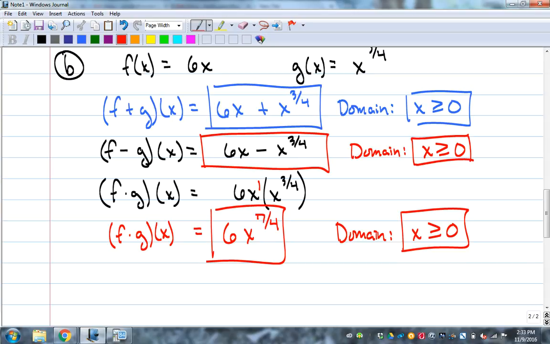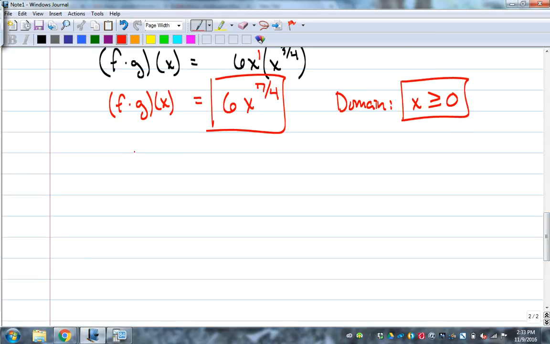Okay. Let's look at the division. F divided by G of X. So we got 6x over x to the 3/4. Can that be simplified using our exponent rules that we learned, hopefully, in the last two sections?